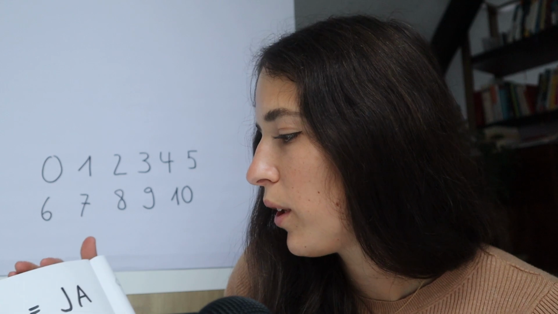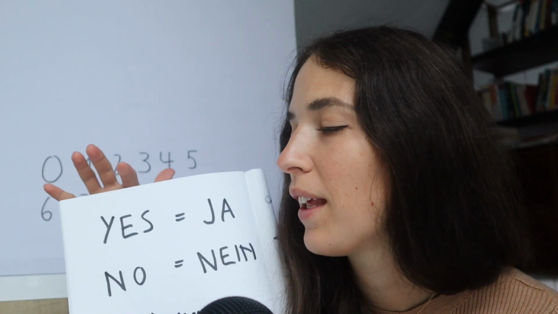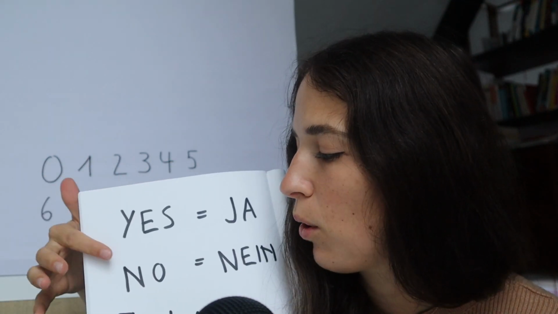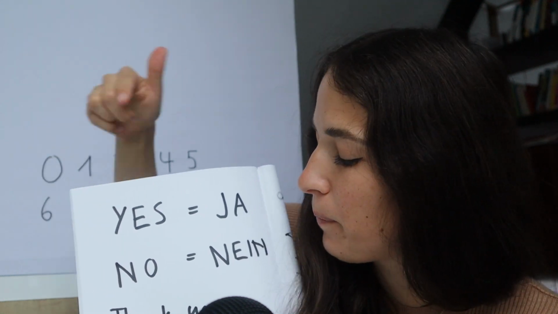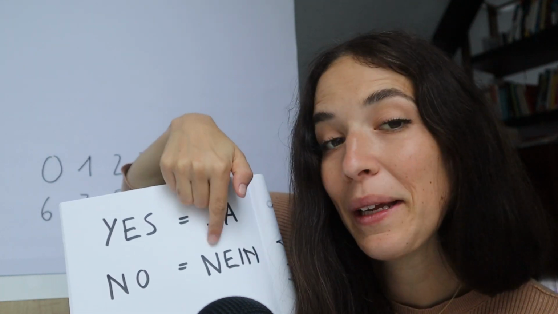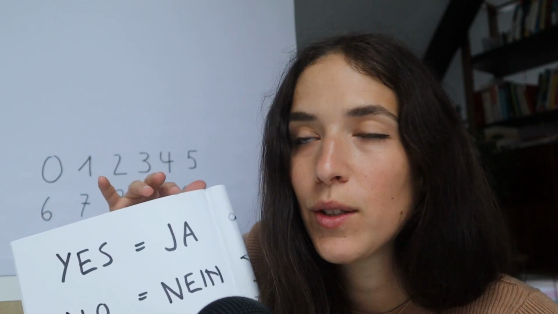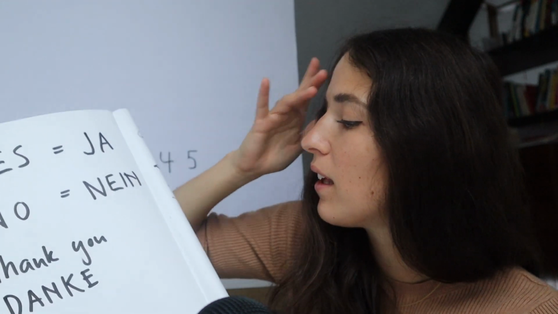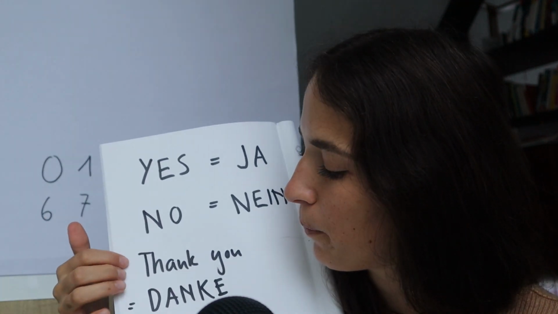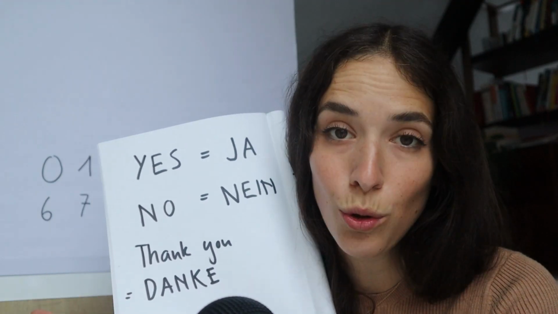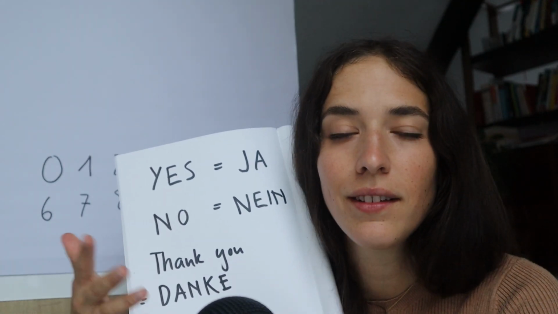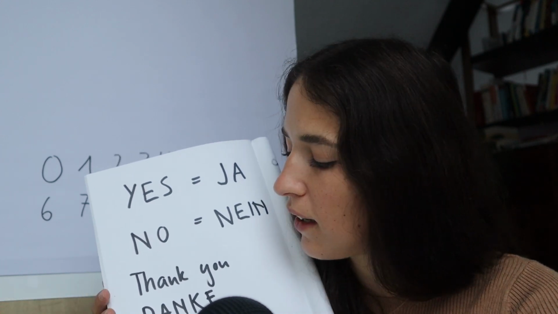Okay, so important words, for example, yes and no. No, we already covered. Nein. And then yes would be ja. So ja and nein. Thank you would just be danke. You could also say danke schön, which is just a longer form.